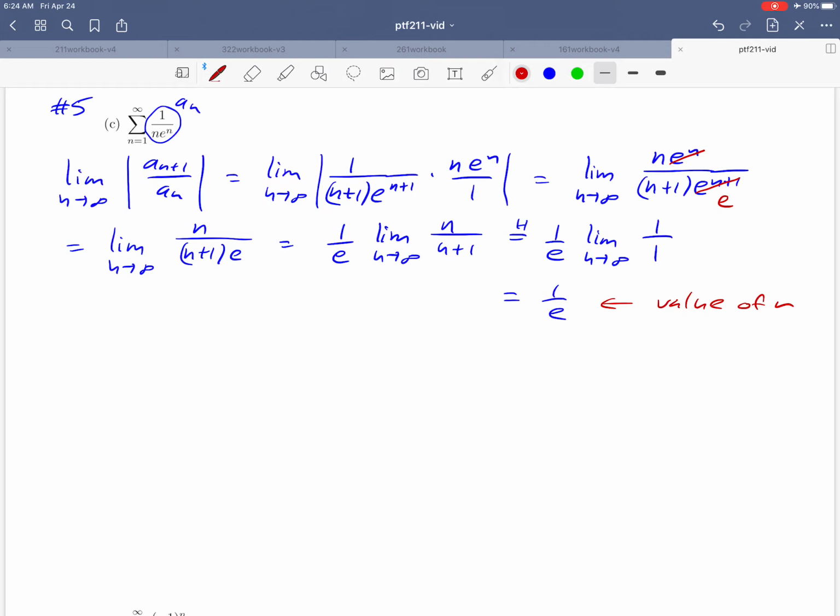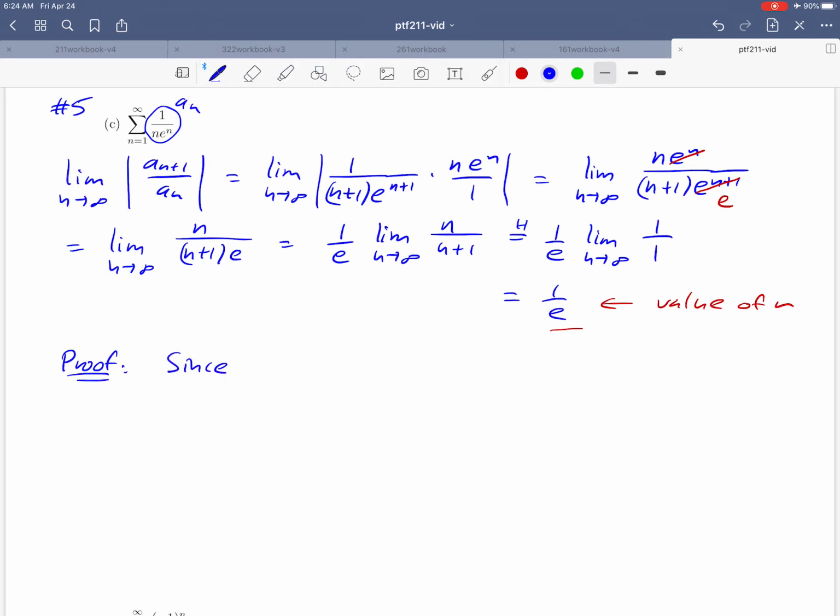So the question is, what does that mean? Well, the ratio test tells us that we get convergence if the value of r is less than 1, and 1 over e is certainly a number that's less than 1. So it looks like this is a convergent series. All that's left to do is to write a short proof of this.